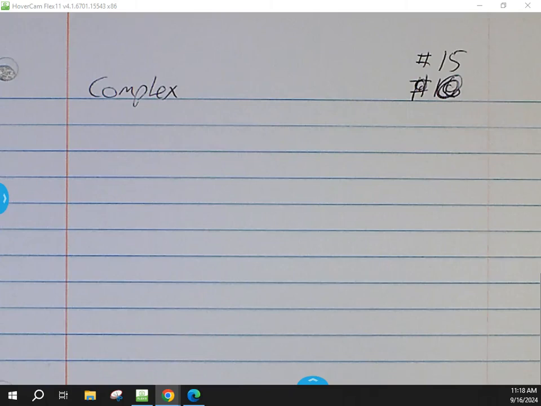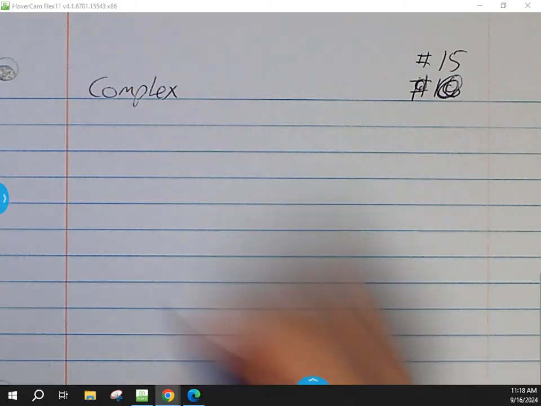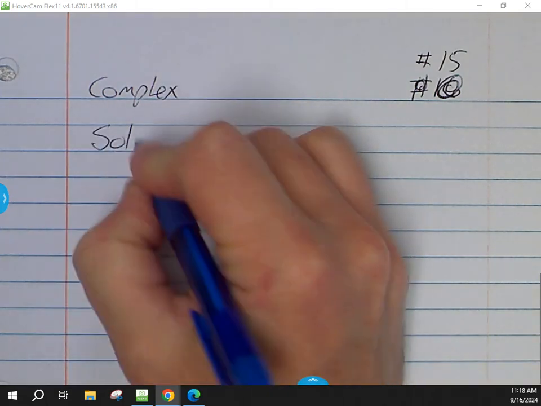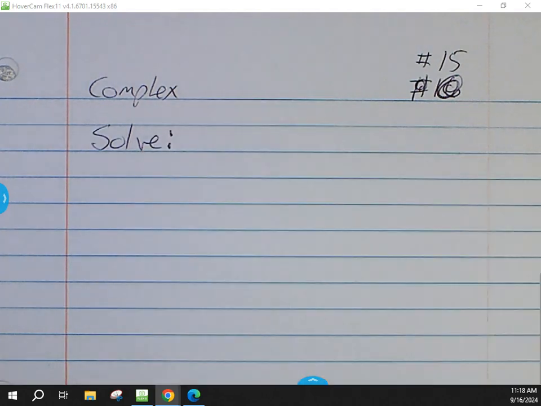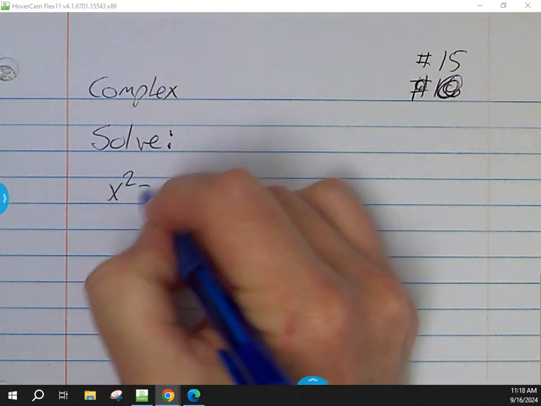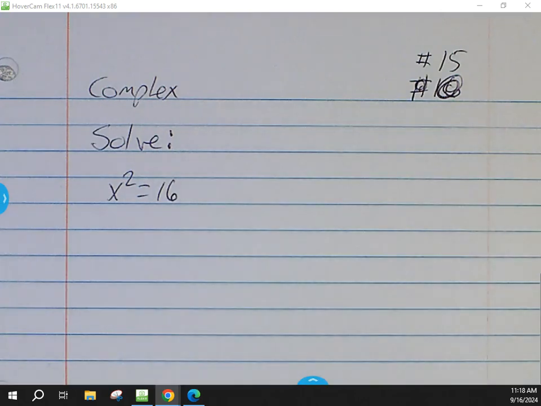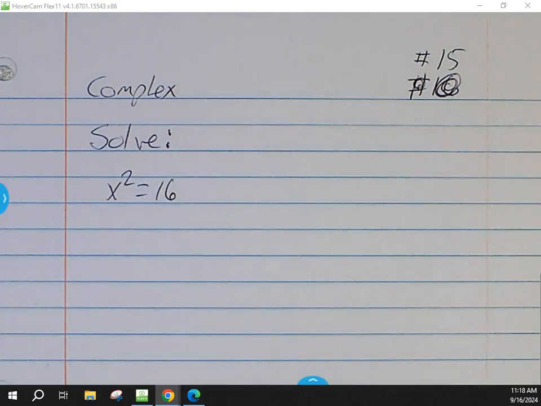So for complex numbers, here's basically what we're looking at. And this will back up to a little bit of what we were doing not too long ago. 15. Okay, so with the solving, let's back up to this one, which on the last test we would have had you solve by using the square root property.